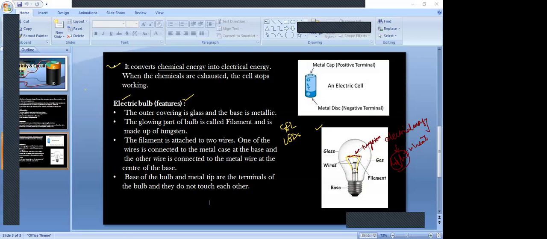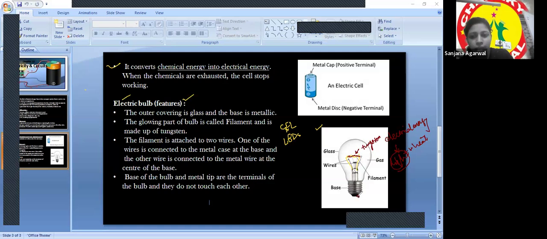So why tungsten? One of the terminals here is positive, and this part is the negative terminal. When the current starts flowing from positive to negative, it reaches through this wire to this tungsten filament. Filament is a general name. Tungsten is a specific name of the material.